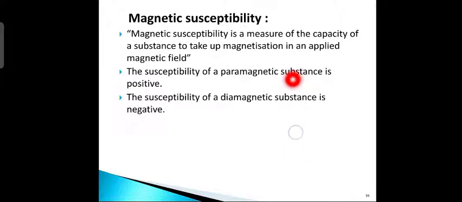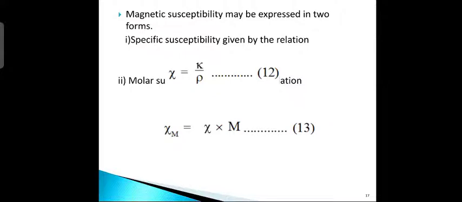Now, what is magnetic susceptibility? It is a measure of the capacity of a substance to take up magnetization in an applied magnetic field. The susceptibility of a paramagnetic substance is positive, and the susceptibility of a diamagnetic substance is negative. Next slide.